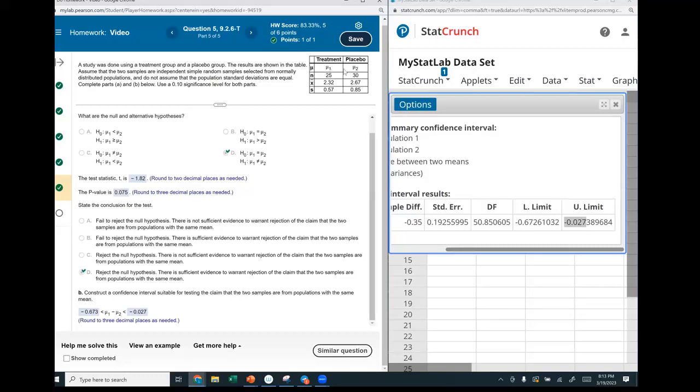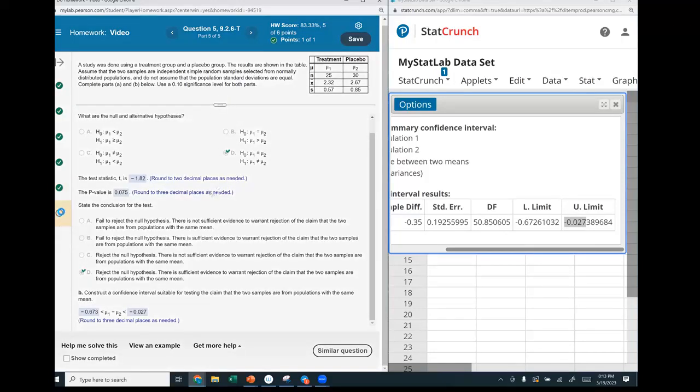The actual population mean is smaller for treatment than for placebo, okay? Because it's negative. If mu1 is smaller than mu2 and I subtract them, then I'm going to have a negative value. So that's basically what's happening here.